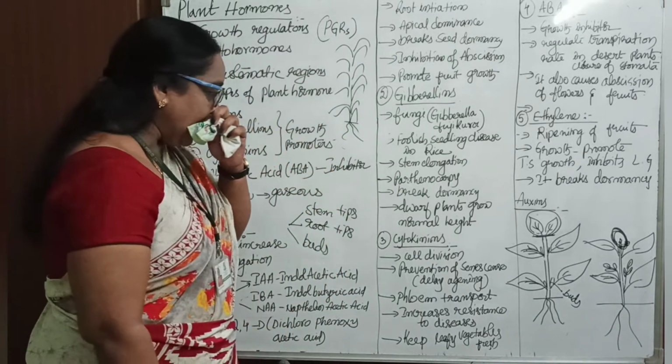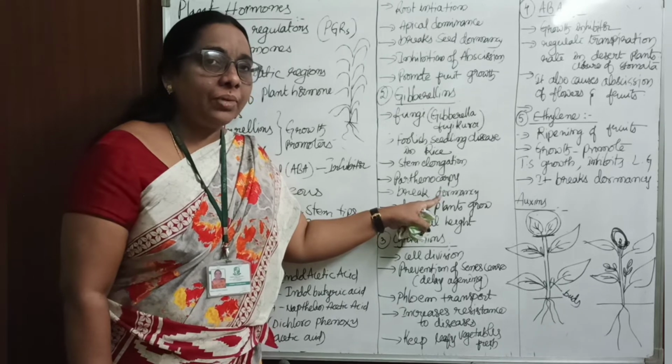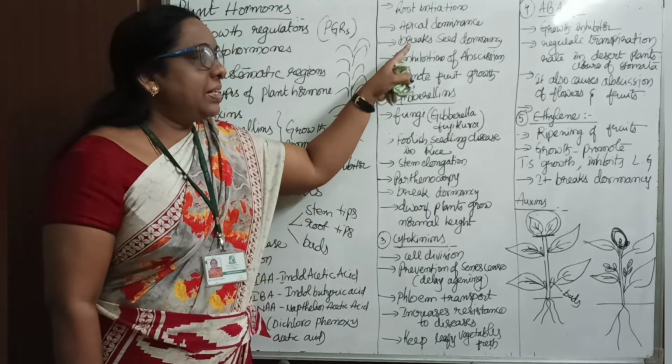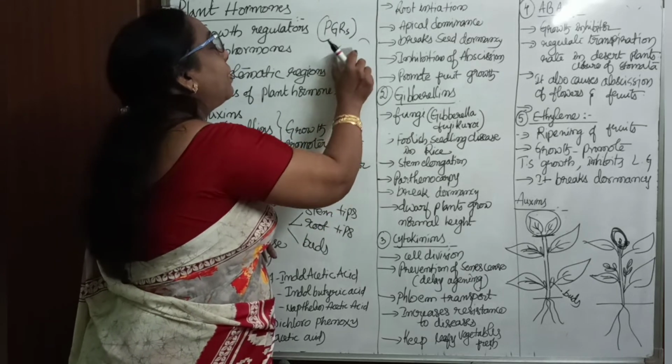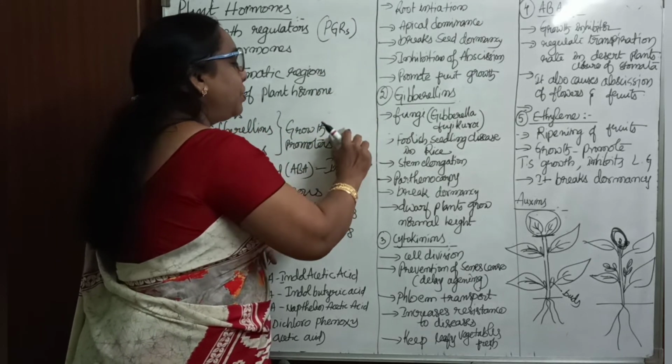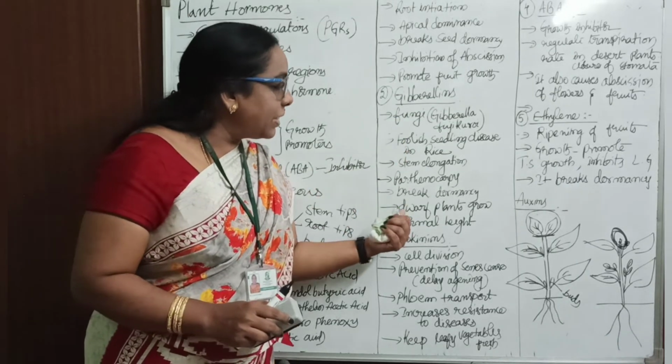The next one, children, is that it breaks seed dormancy. I already said in auxins, the seed will be present, but it will not rise up. It will not grow into the root and shoot. That will be broken with the help of this gibberellic acid.